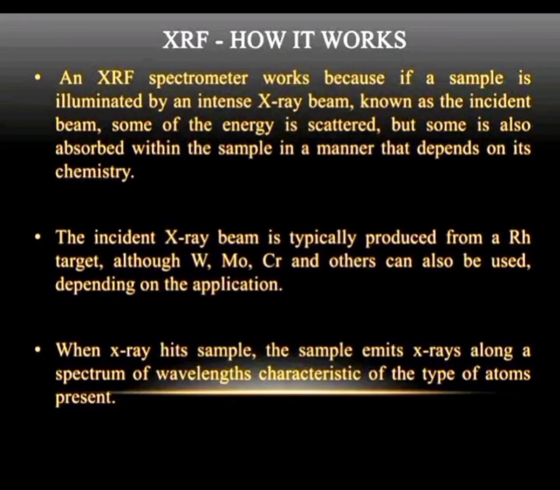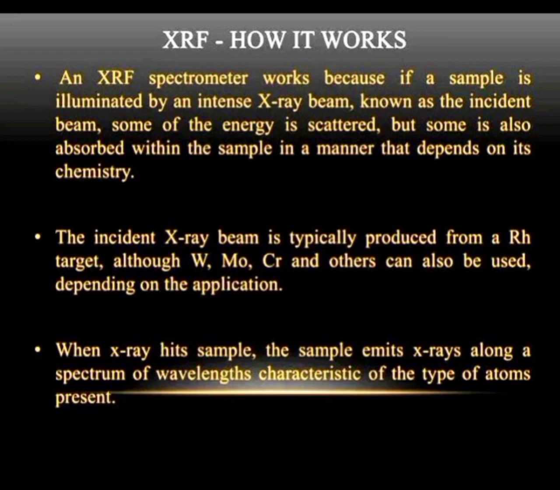Now, XRF. How does it work? An XRF spectrometer works because if a sample is illuminated by an intense X-ray beam known as the incident beam, some of the energy is scattered, but some is also absorbed within the sample in a manner that depends on its chemistry. The incident X-ray beam is typically produced from a Rh target, although W, Mo, Cr, and others can also be used depending on the application.